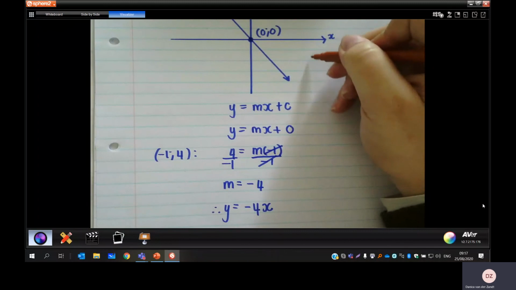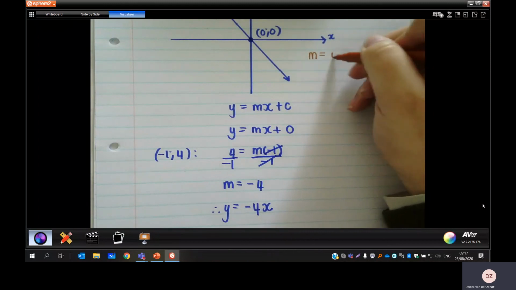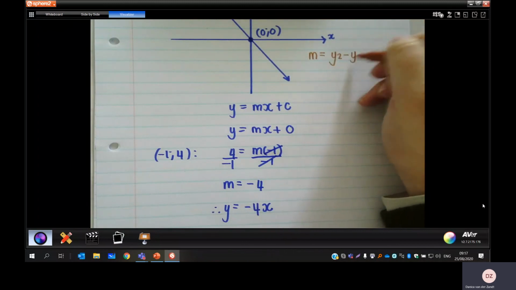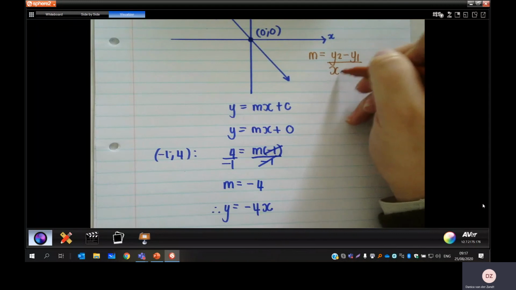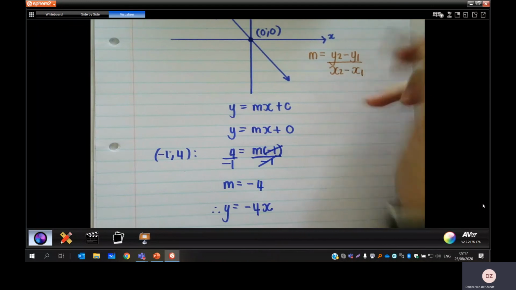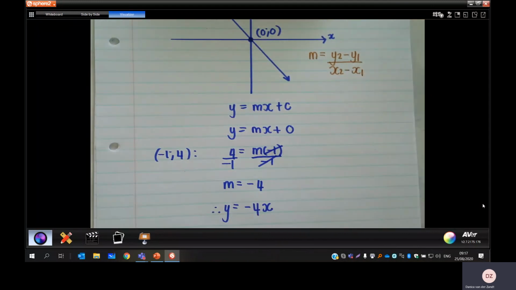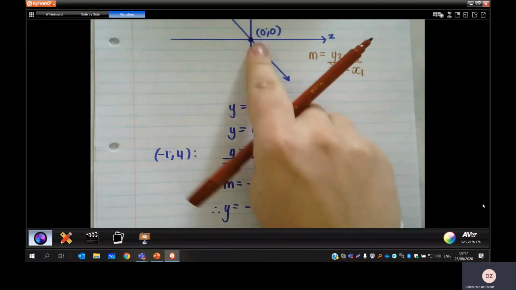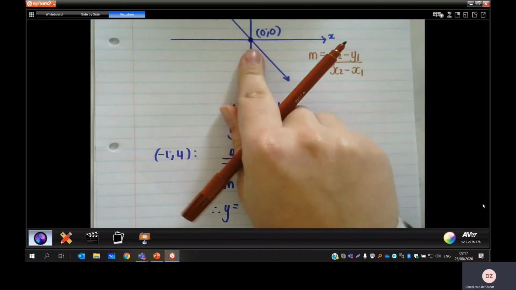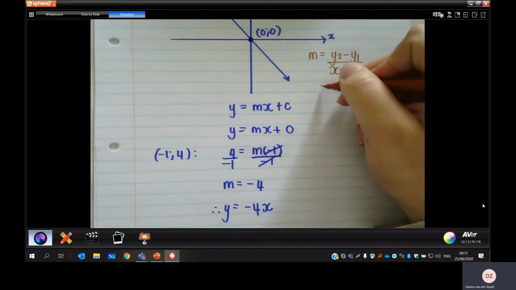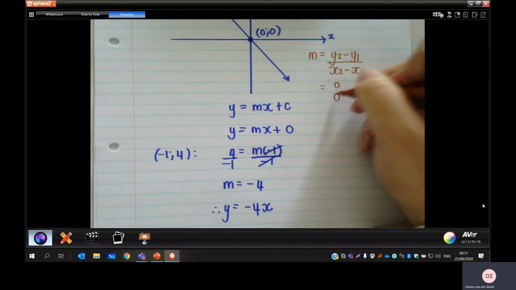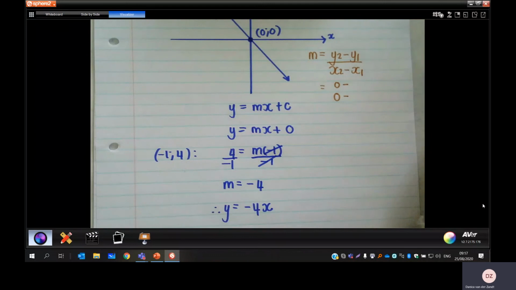So if I had to calculate my gradient, which is y2 minus y1 over x2 minus x1, I need two coordinates. I need that coordinate and I need that coordinate. I have two coordinates. So I'm going to use this one as my first coordinate, 0 for y, 0 for x, minus from the equation.